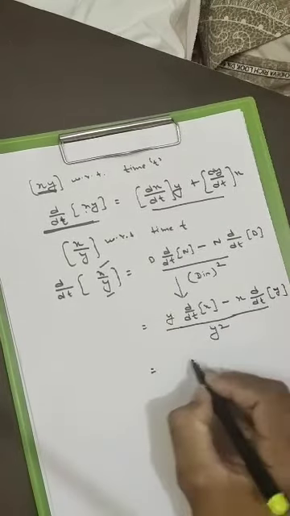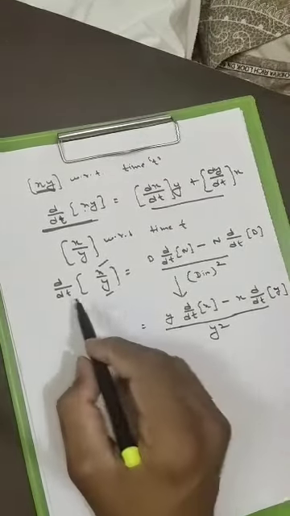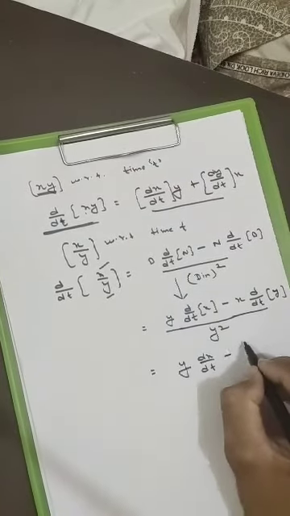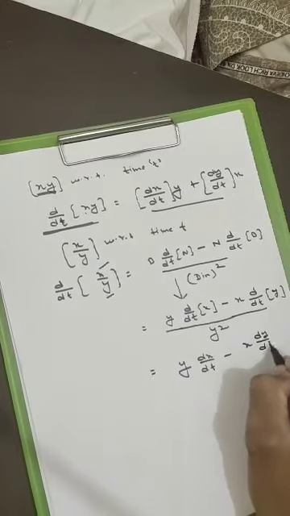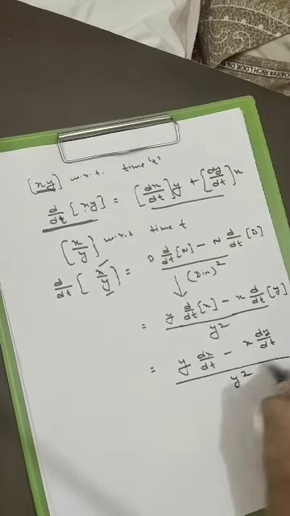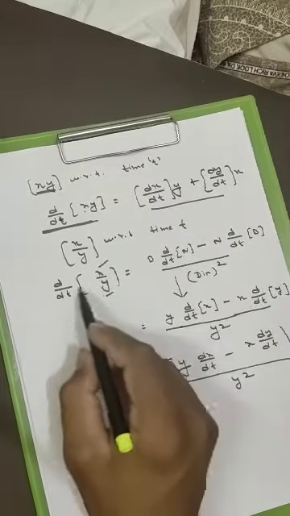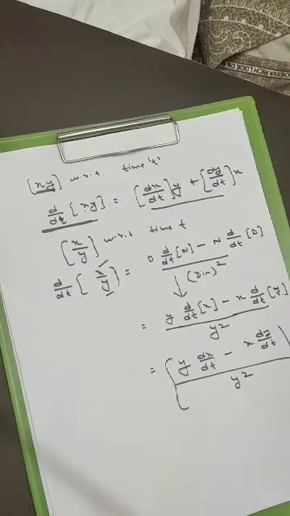So this is the differentiation of x by y: y dx by dt minus x into dy by dt, divided by y square. This is the differentiation of x by y with respect to time.